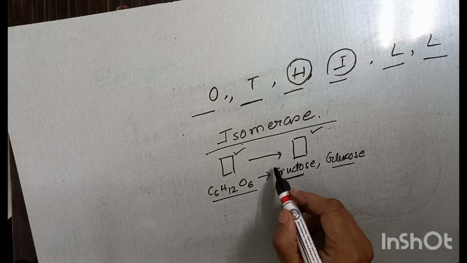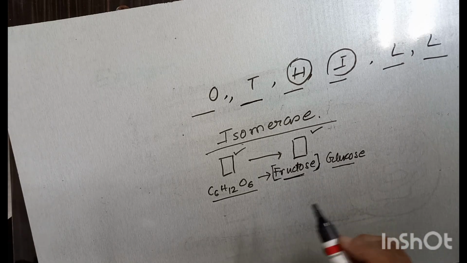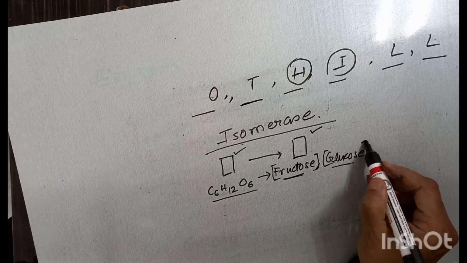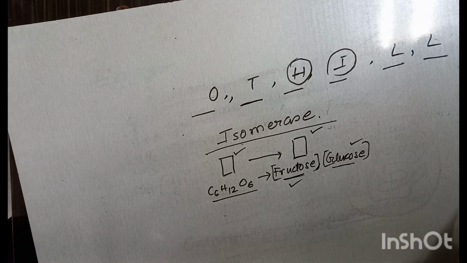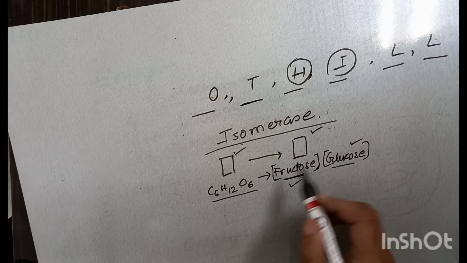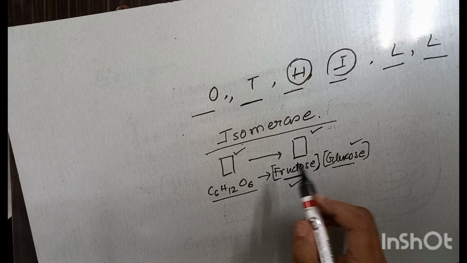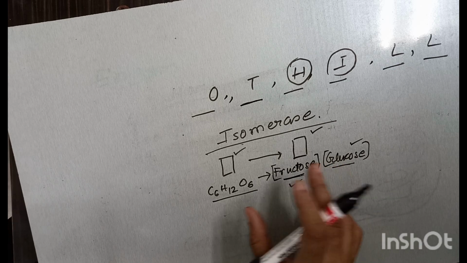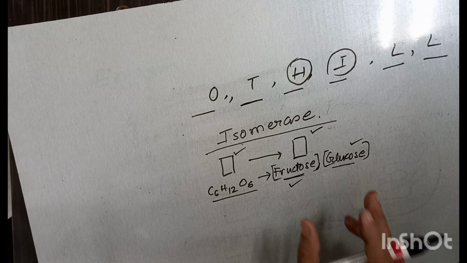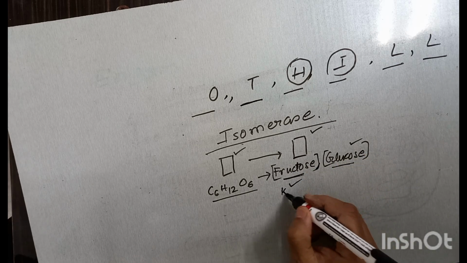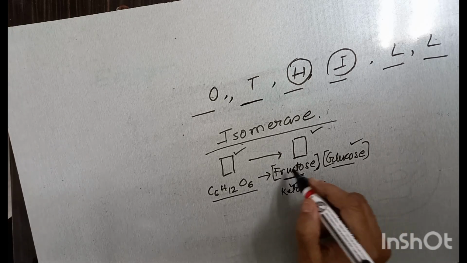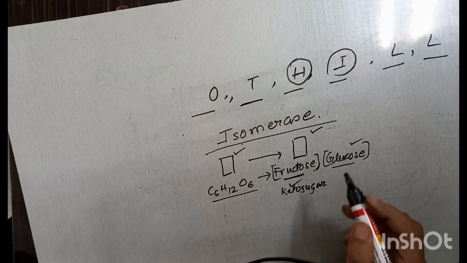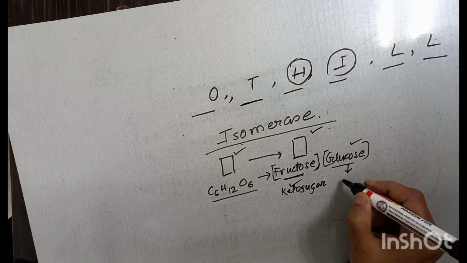But what are fructose and glucose? They are isomers of each other. If you know a little bit of biochemistry, you will know that fructose is a keto sugar, whereas glucose is an aldo sugar. There is a modification of chemical groups between these two molecules. Fructose, present in fruits, is a keto sugar, and glucose is an aldo sugar.